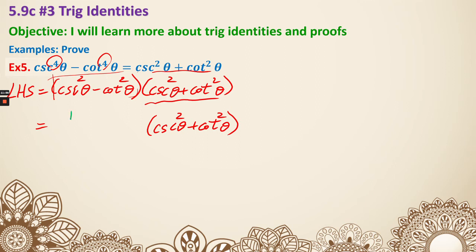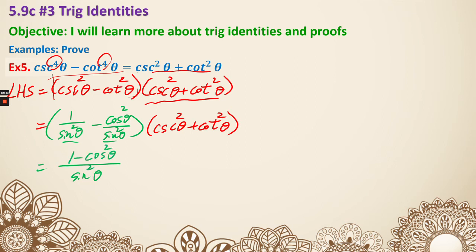I'm going to start by rewriting cosecant as 1 over sine and rewriting cotangent as cosine over sine. Ooh, they have the same denominator. So common denominator, put the sine there, and the top is 1 minus cosine squared. Of course, I'm going to need to keep the second part, cosecant plus cotangent.